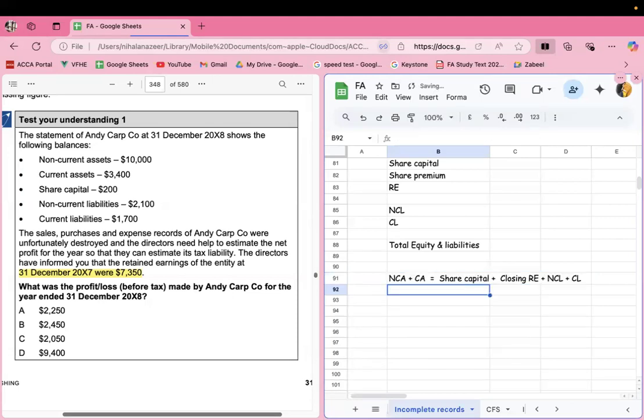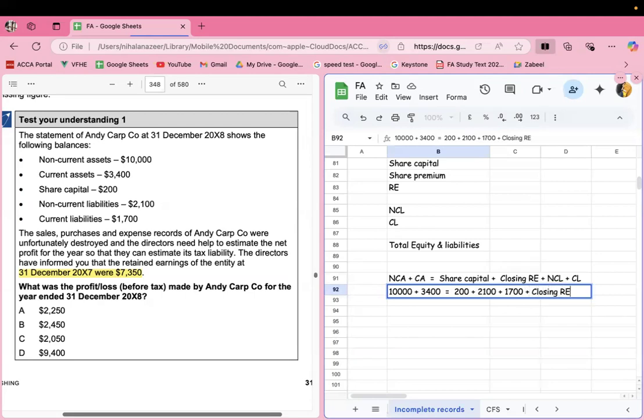So here, how do we take this? 10,000 plus 3,400 is equal to 200 plus 2,100 plus 1,700. Understood? And the one that is missing is closing retained earnings.